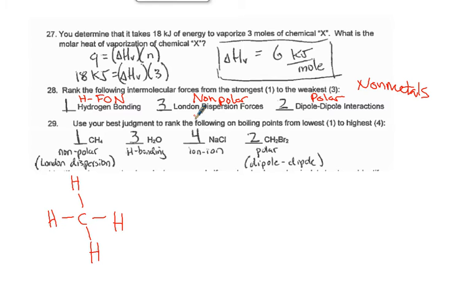That would be pretty weak, and since those molecules would not be attracted to each other, they would break apart easily. What state of matter has particles broken apart and really far apart? Gases. This is very likely going to be a gas because it's so weakly connected to its partner CH4s on the planet.